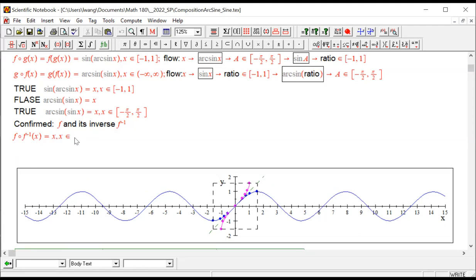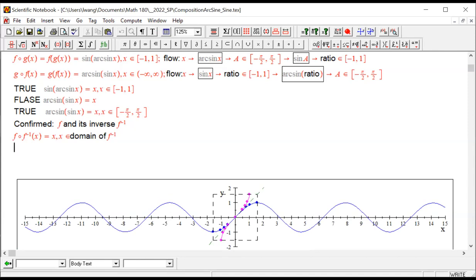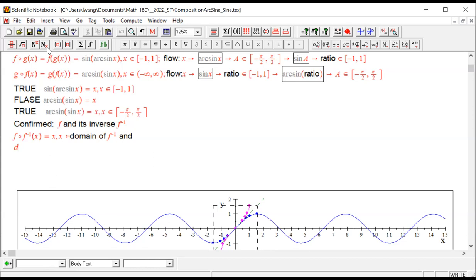And then F inverse composite F is also going to be x, provided x is from the domain of F.